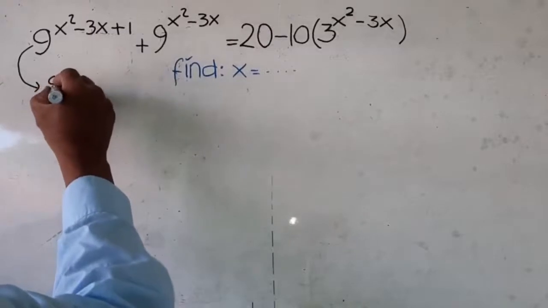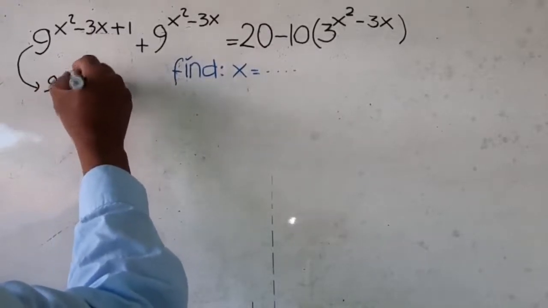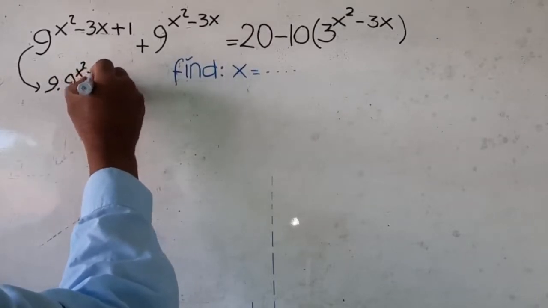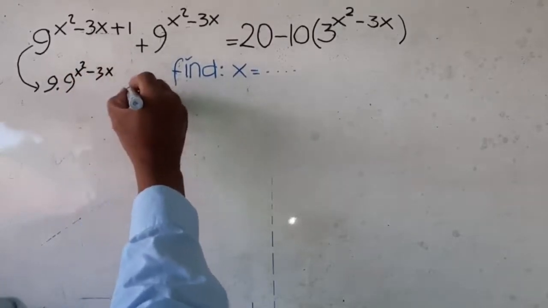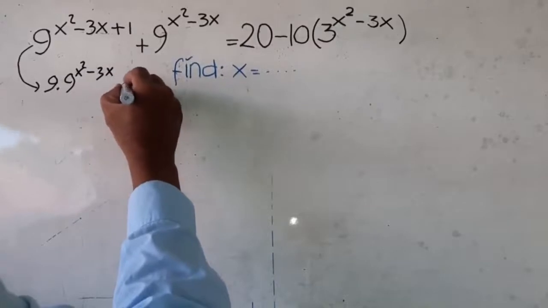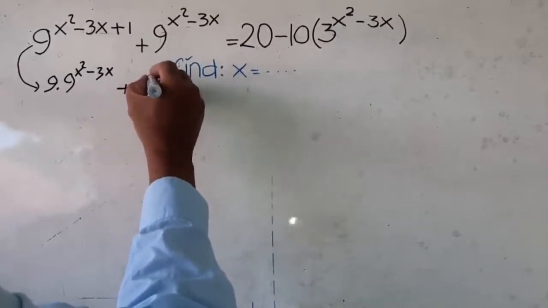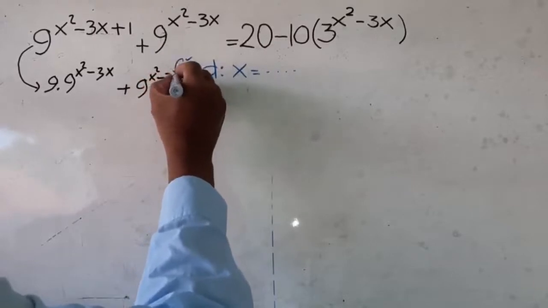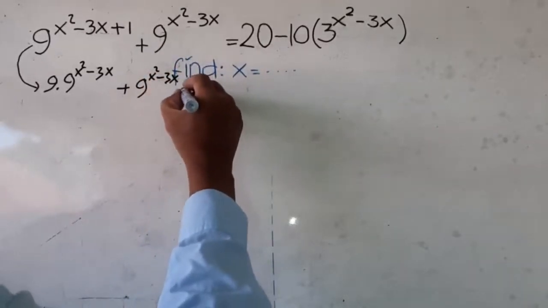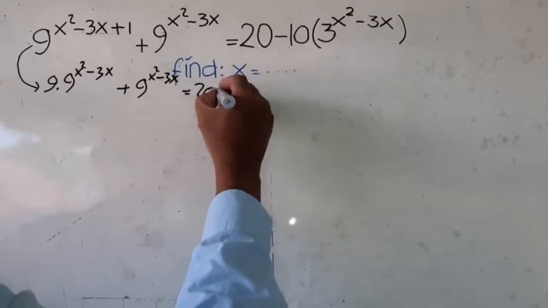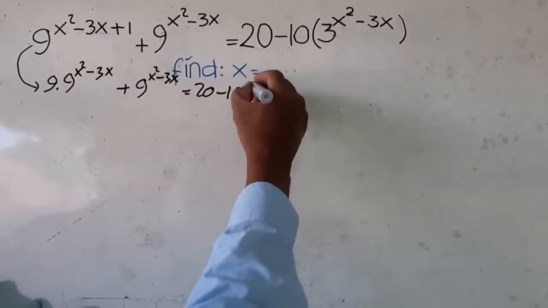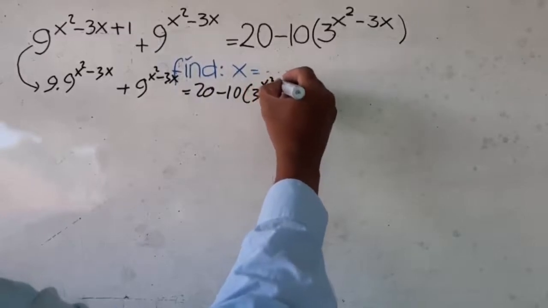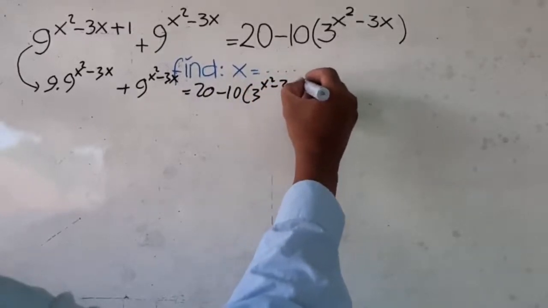Nine times 9 power x square minus 3x plus 9 power x square minus 3x equal 20 minus 10 times of 3 power x square minus 3x.